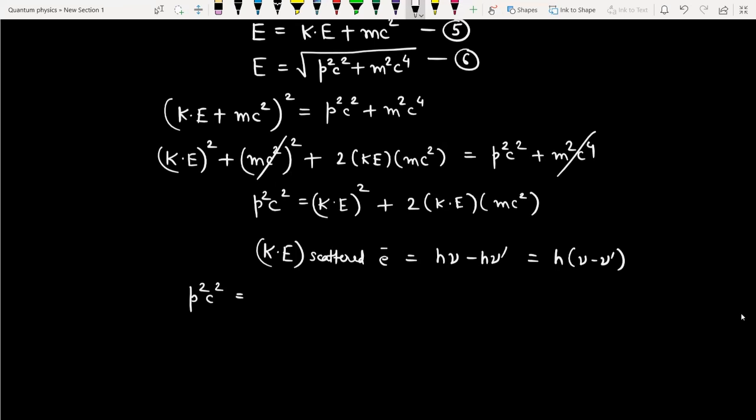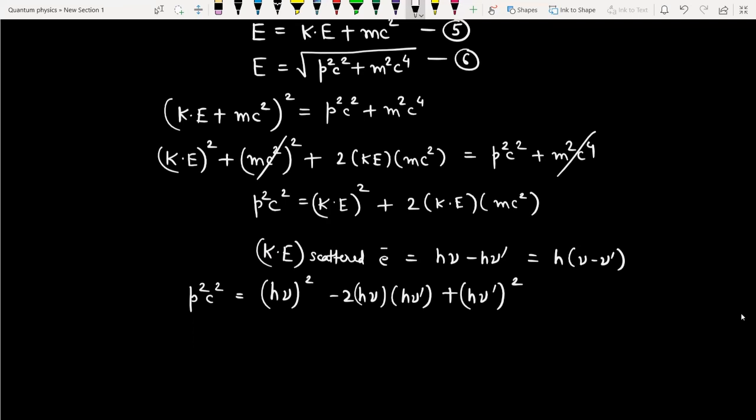If we square this, we get (h mu) whole square minus 2 h mu h mu prime plus (h mu prime) whole square. So we are squaring this equation. If we square this kinetic energy, we get h square times (mu minus mu prime) whole square. We open this, we get mu square plus mu prime square minus 2 mu mu prime, and we multiply h square with every term. So we basically get this expression.